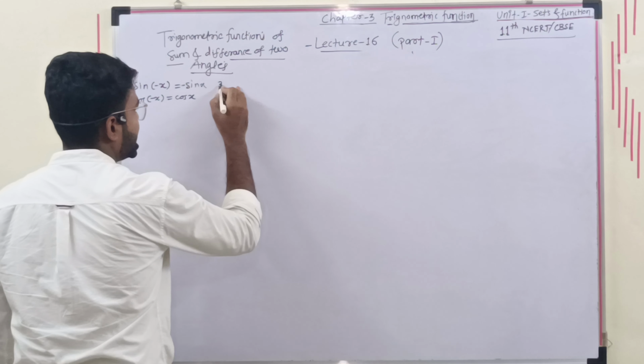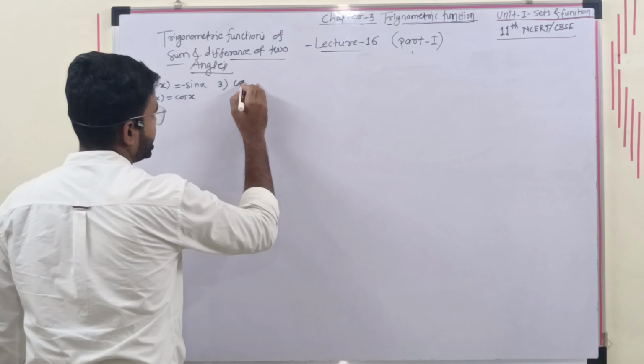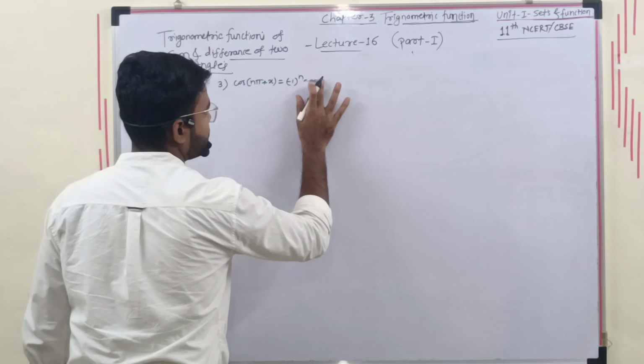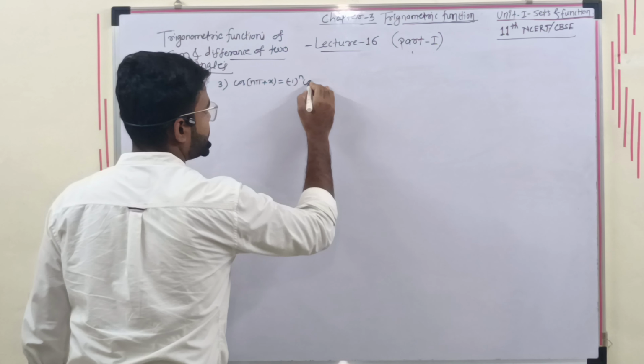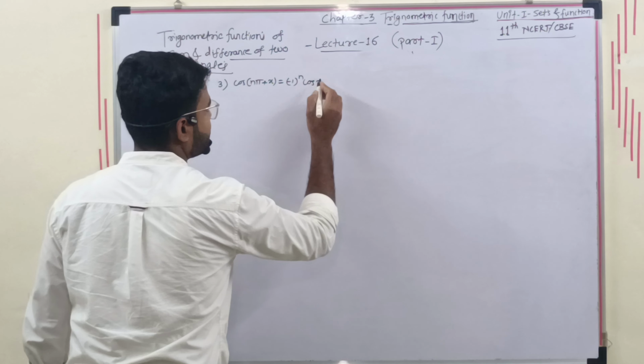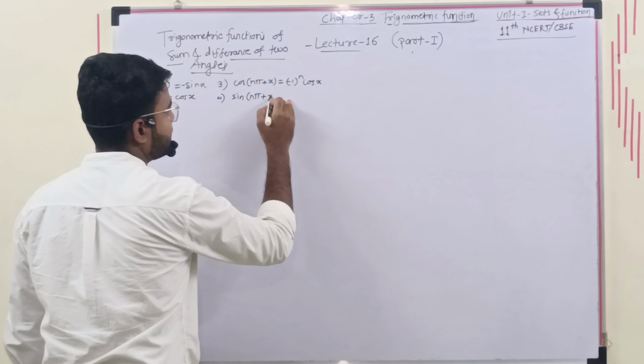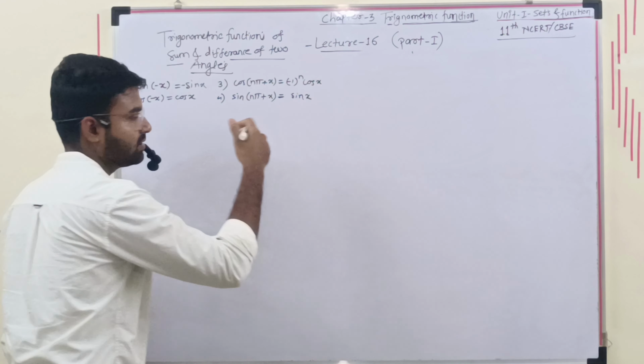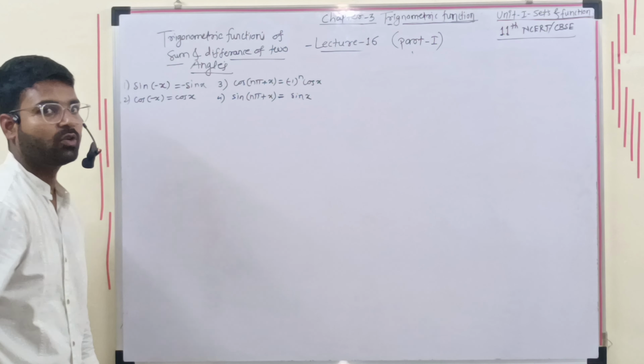Then the third identity is cos of n pi plus x is equal to minus 1 raised to the power n times cos of x, and fourth, sine of n pi plus x is equal to sine x simply. This is the periodic cycle.